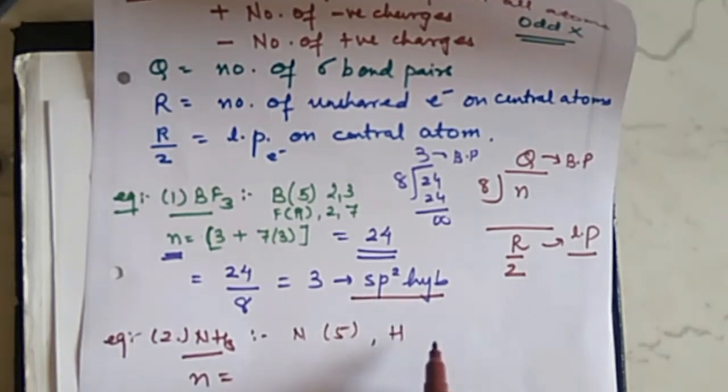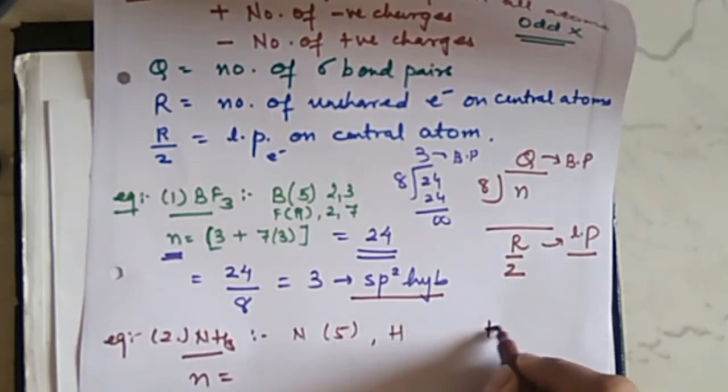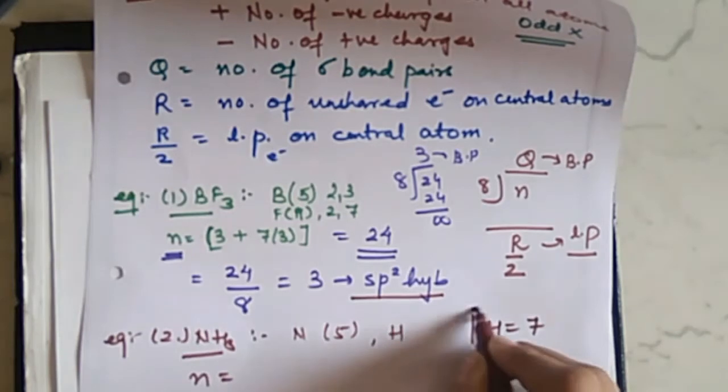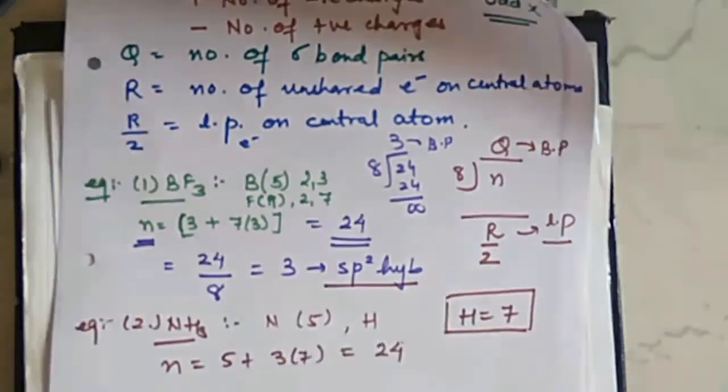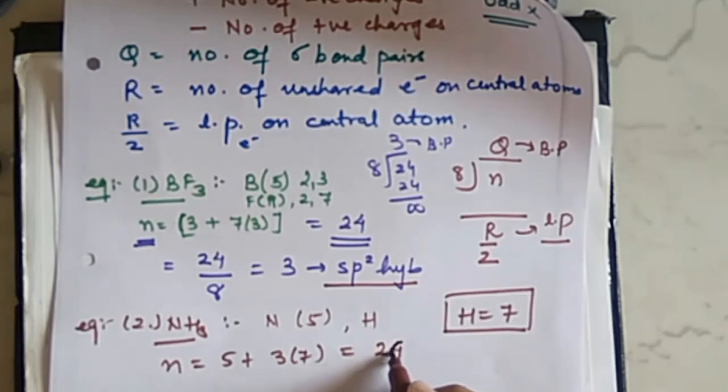One more thing here: for hydrogen, the exception is that we will always consider the electron count to be 7. So this is 5 plus 3 into 7, that is 21 plus 5, so 26.